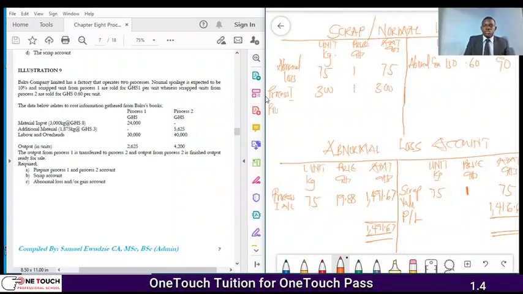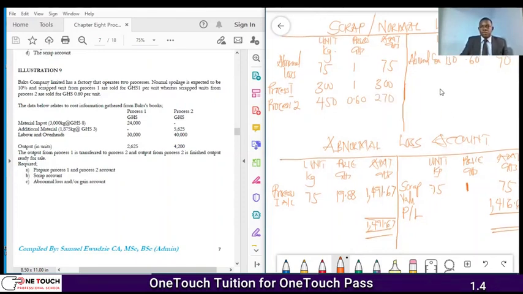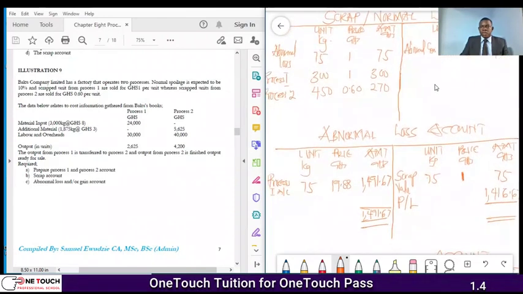And process 2, we have 450 at 0.6. 450 times 0.6 gives us 270. Okay. So that is the process 1 and process 2 losses that have also been brought here.